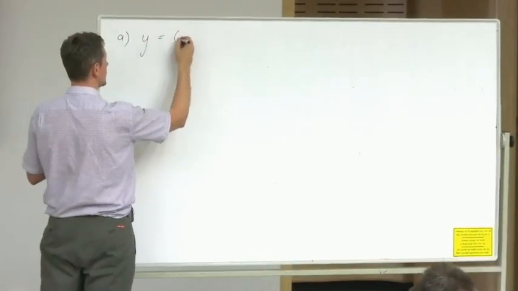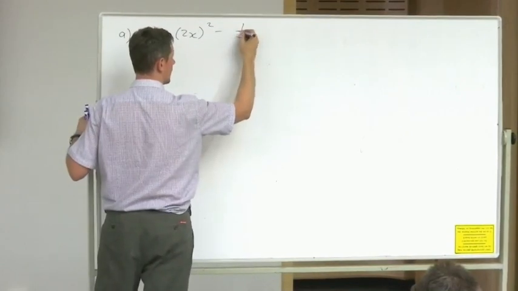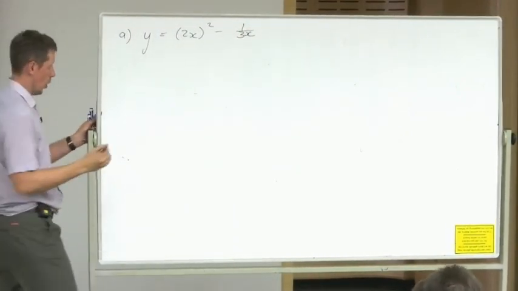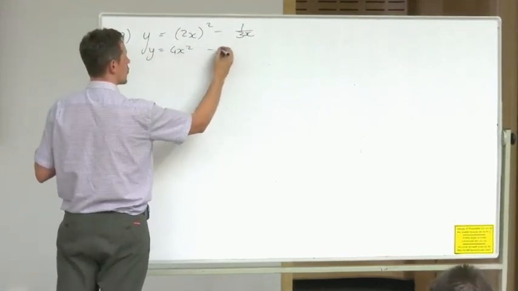Y equal to 2x squared minus 1 over 3x. In my experience, this is what a lot of you guys write down.